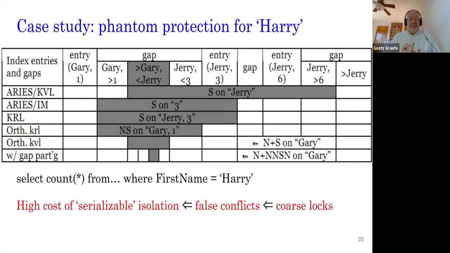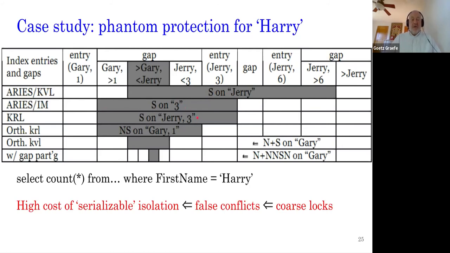So, case study. Imagine you want phantom protection for value Harry. This is the example from the problem statement. You need to lock this gap. ARIES KVL locks Jerry, the following distinct key value. ARIES IM locks the row, or the row ID 3.